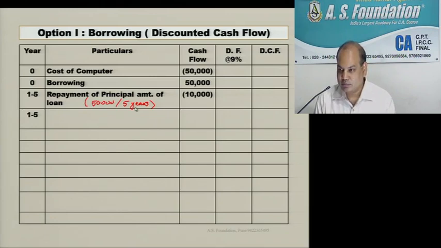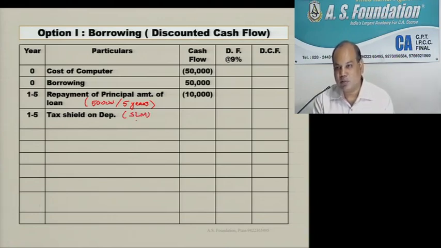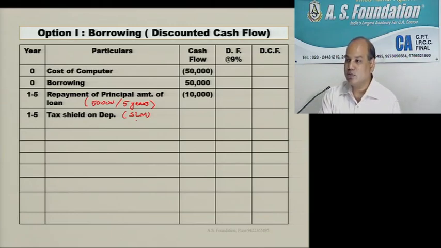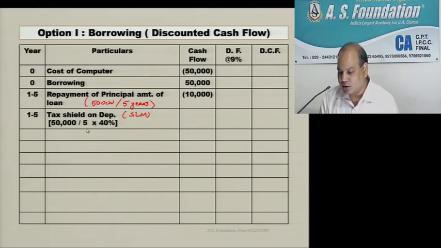Years 1-5, one more thing: tax shield on depreciation. What is the method of depreciation? Straight line method. Plus one more instruction is given: full cost of computer will be written off. When they say full cost will be written off, it means do not consider salvage value. Just write off 50,000 first. Salvage value will be discussed separately.